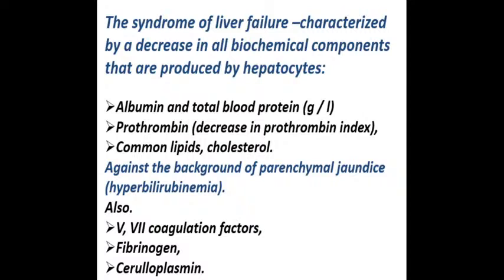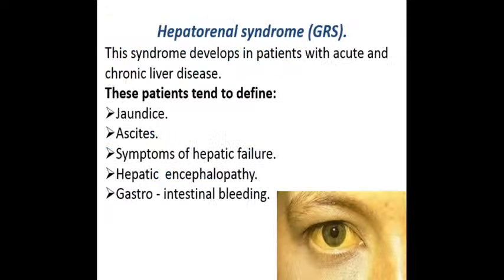And you must know about this index. Also decrease prothrombin and decrease common lipids and cholesterol. Also, we can see parenchymal jaundice and hypobilirubinemia, and also decrease 5 or 7 coagulation factors, fibrinogen and ceruloplasmin in the blood.